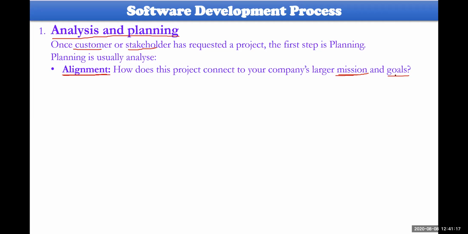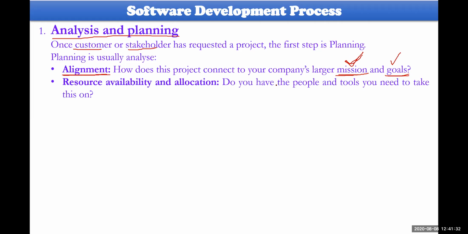So mission and goals: how the project will satisfy the mission and goals of your company. First of all, you need to look into that particular matter. If everything is satisfied, then you will go ahead. Suppose mobile application development has been given to me to develop for my company.